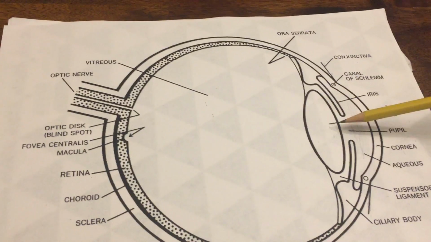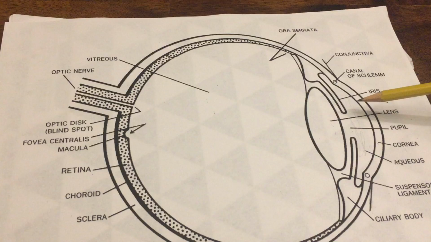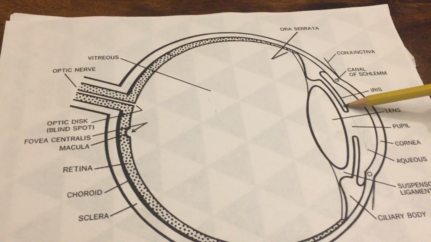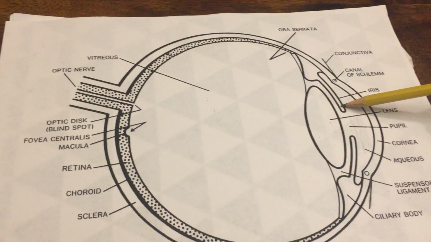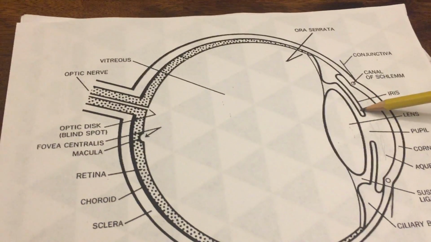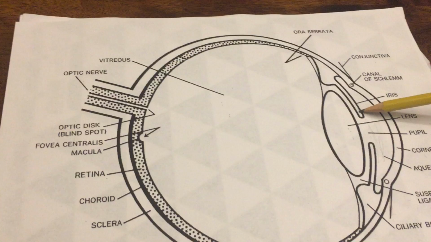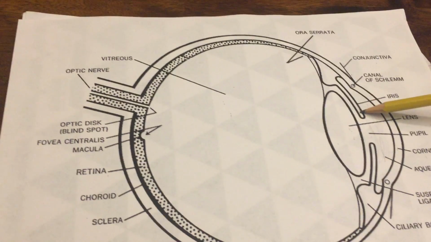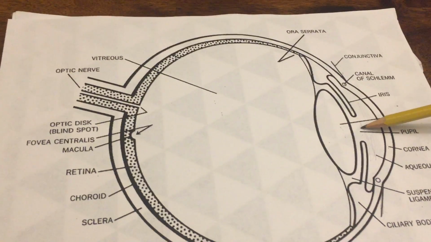The iris is next. The iris is what gives us the eye color, whether it's blue, green, brown, or hazel. And the iris controls the amount of light that enters the eye by enlarging or minimizing the size of the pupil.